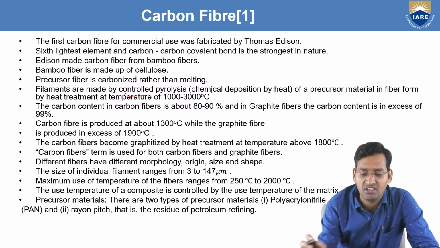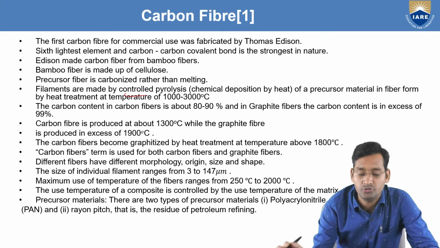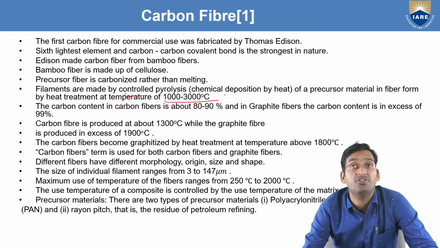It is chemical decomposition by heat. This process is called pyrolysis of a precursor material in fiber form by heat treatment at a temperature of 1000 to 3000 degrees Celsius. The carbon content in carbon fiber is about 80 to 90%.